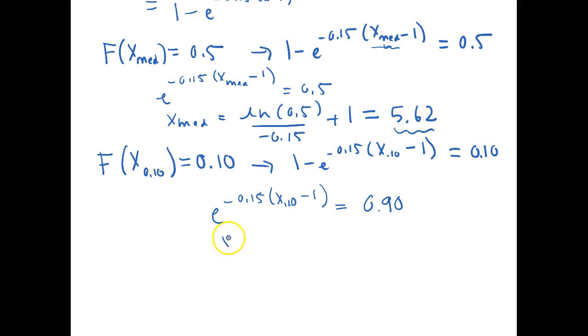If we take the natural log, divide by negative 0.15 and add the 1, we get the natural log of 0.90 divided by negative 0.15, plus 1, which is equal to 1.70.